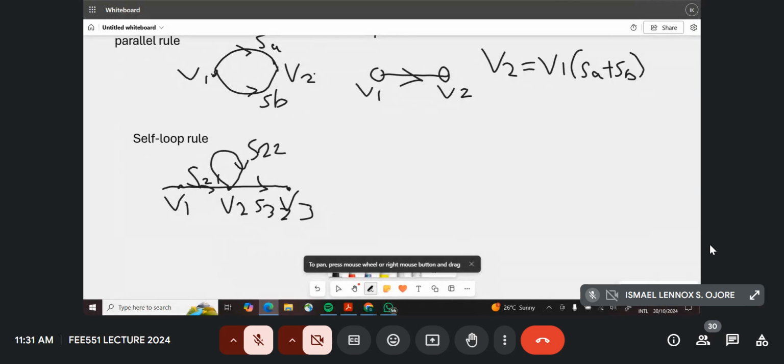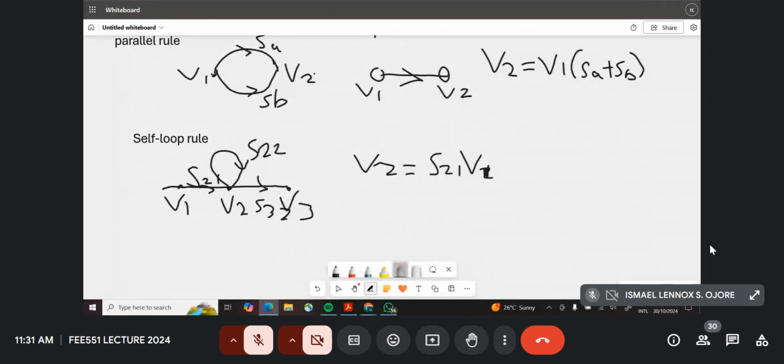So for this rule, first we'll say V2 is equal to S21 V1, sorry, plus there's another branch there which is looping at the node V2, so S22 V2.